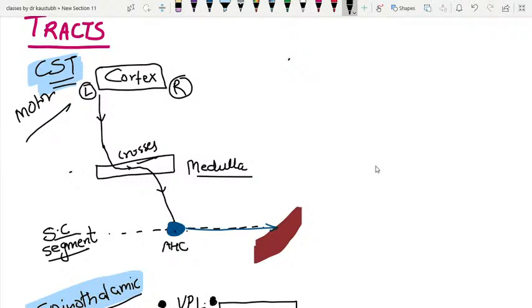And then it ends on the anterior horn cell, and the anterior horn cell will produce a motor nerve, which will supply a specific muscle.